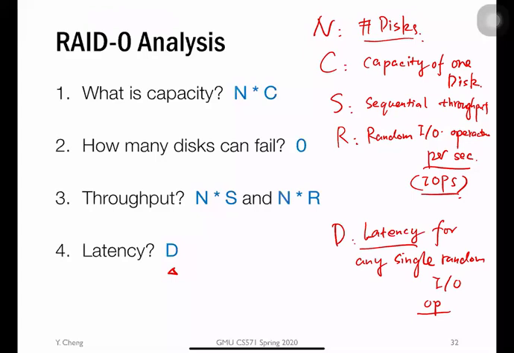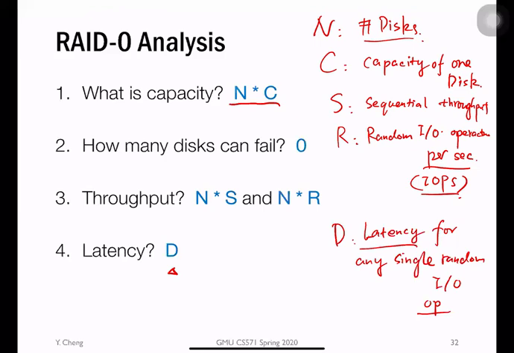So let's first take a look at the capacity. Capacity is straightforward. It's N times C, because RAID-0 doesn't support redundancy. That means we can effectively utilize each and every byte within this configuration to store unique data.